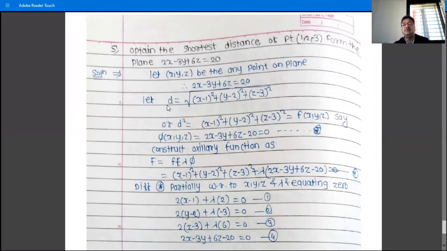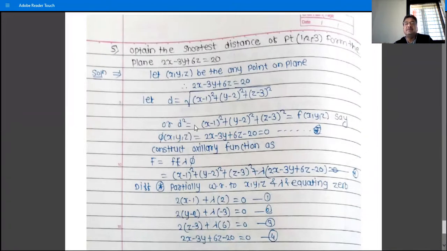Now we have to make this d a minimum, and instead of d, we can also make d squared minimum. If d squared is minimum, then d is also minimum.